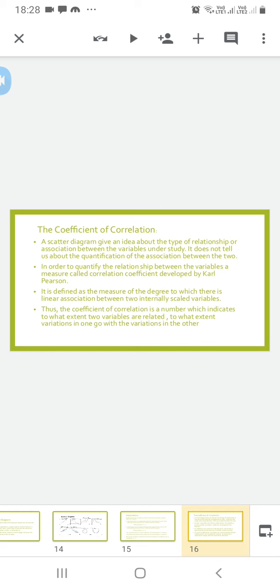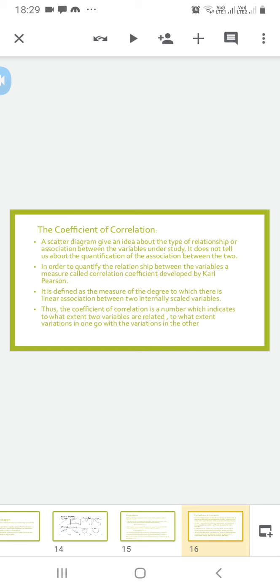Thus, the coefficient of correlation is a number which indicates to what extent two variables are related, to what extent variation in one goes with the variation in the other. A mathematical method of measuring the intensity or the magnitude of linear relationship between two variables was suggested by Karl Pearson, a great British biometrician and statistician, and is by far the most widely used method in practice.